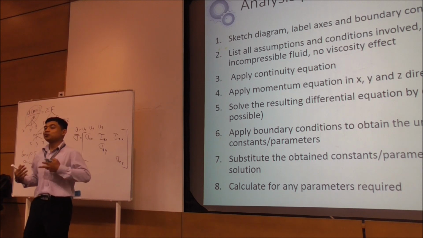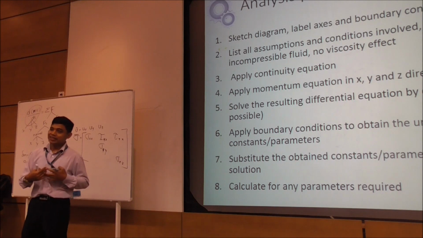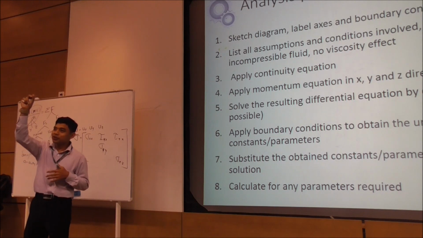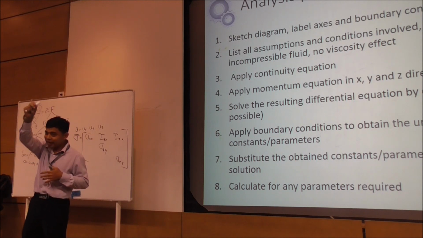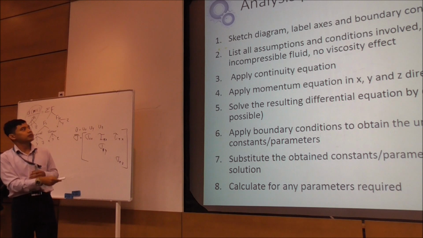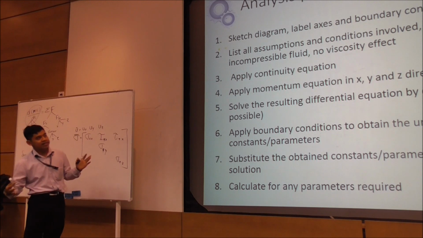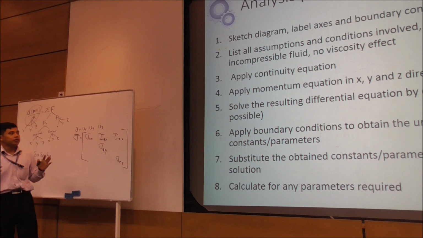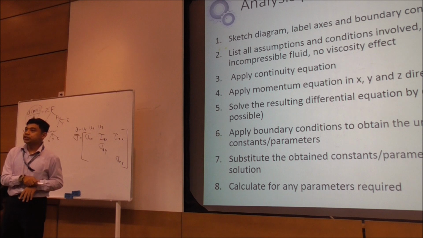In fluid mechanics 1, in finite volume analysis, you need to draw the control volume, control surface, all the forces working on it, and then from that, you derive the equation. The same goes for this. Sketch the diagram, label all the axes, then boundary conditions on the diagram. Then the next one is list all assumptions and conditions.